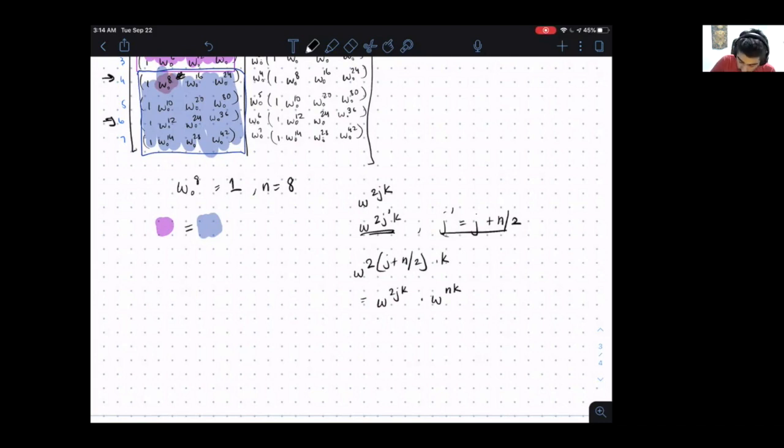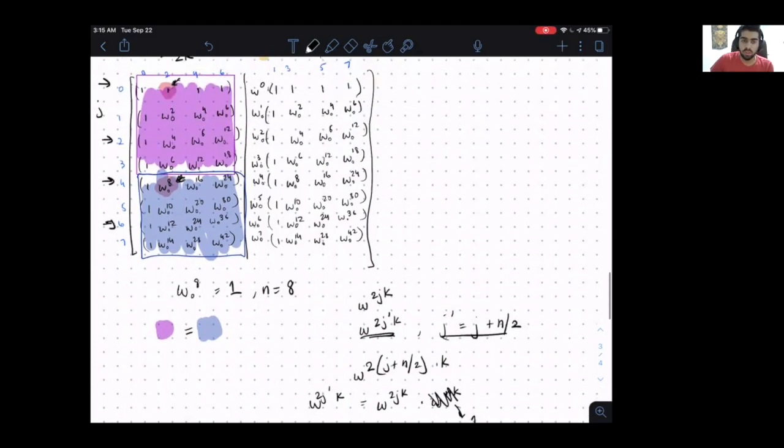So this is going to cancel, because this equals 1. And we're left with omega to the 2j prime k is equal to omega to the 2jk, which is exactly what we wanted to show. We wanted to show that we could take an element in the top quadrant, and take the corresponding element in the bottom quadrant and show that they were equal.